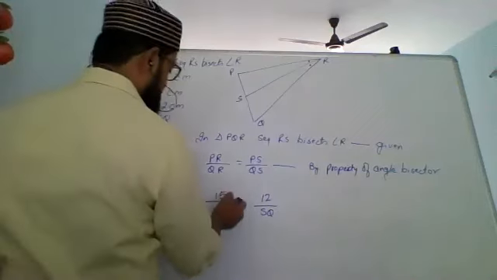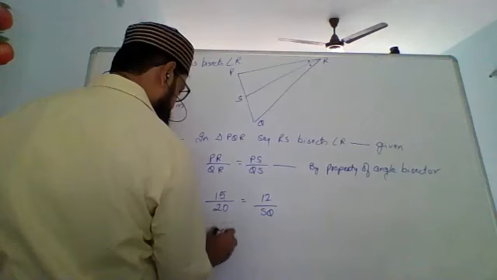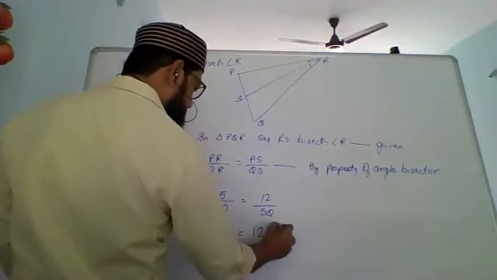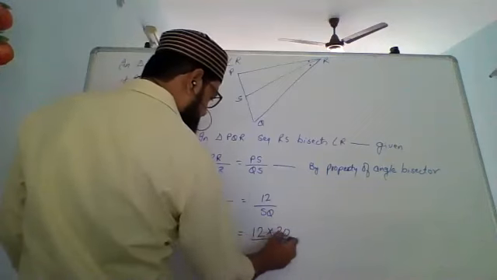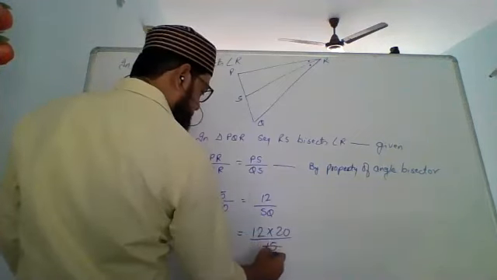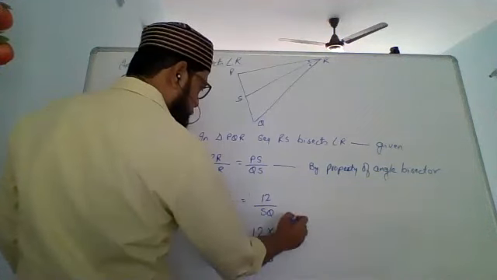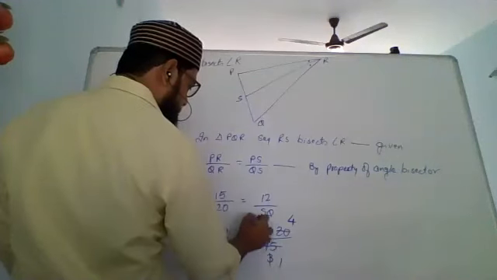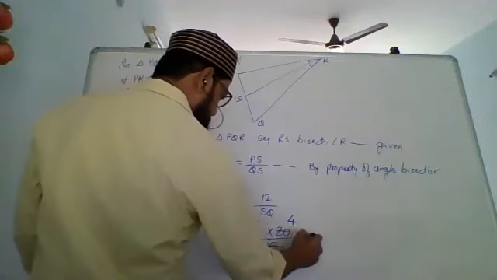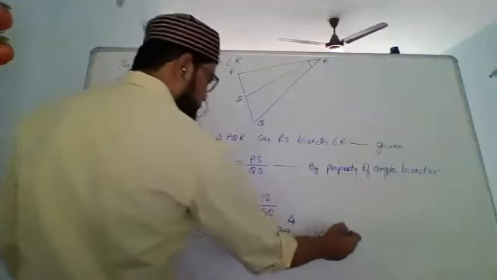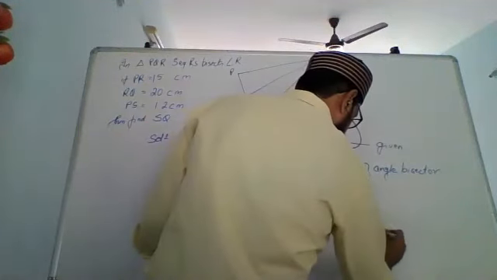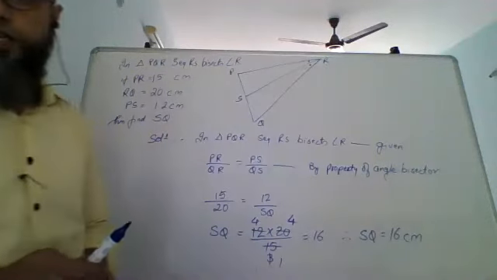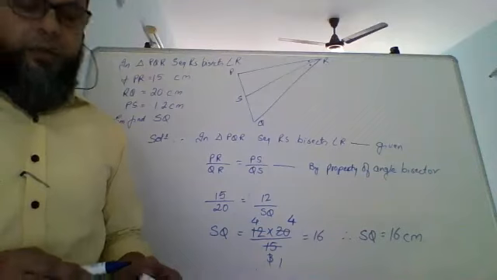Of course, you can cancel this, or what you can do is SQ equals, leave 12 where it is, bring 20, it will come on top, bring 15, it will come into the denominator. 5 threes are 15, 5 fours are 20, 3 ones are 3, 3 fours are 12, that is equal to 16. Therefore, SQ equals 16 centimeters.